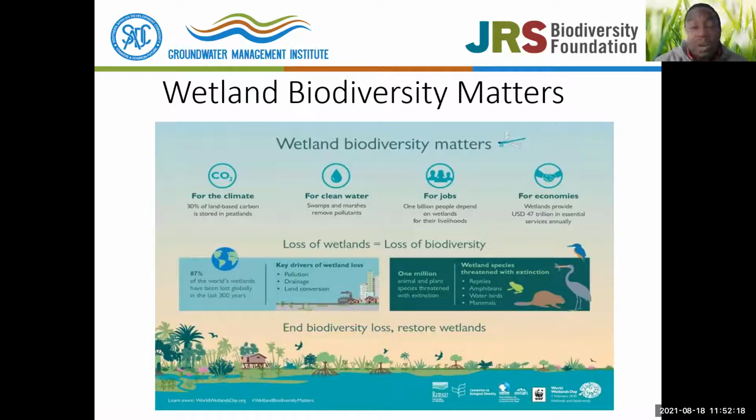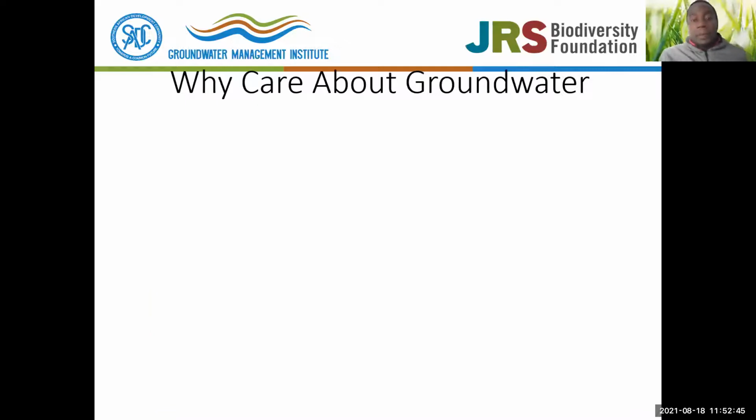If you visit the commercial farms, you will notice that there are no more wetland systems, and it means that the biodiversity that existed in those ponds has been lost. So in order for us to end all these biodiversity losses, we need to restore our wetlands, and we need to be able to better understand how these different wetland ecosystems function.